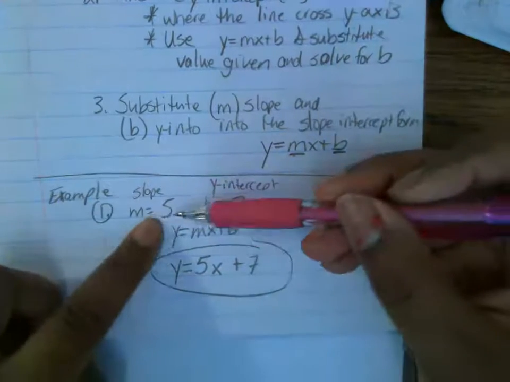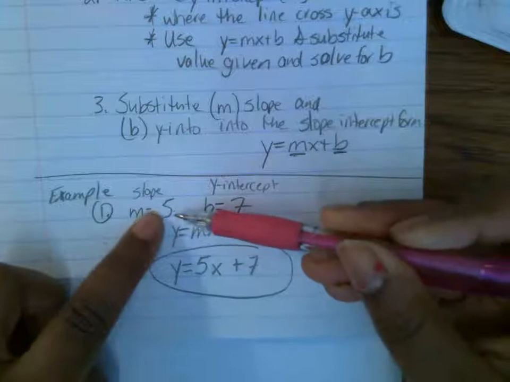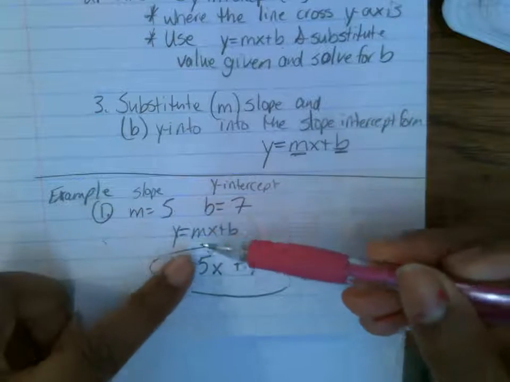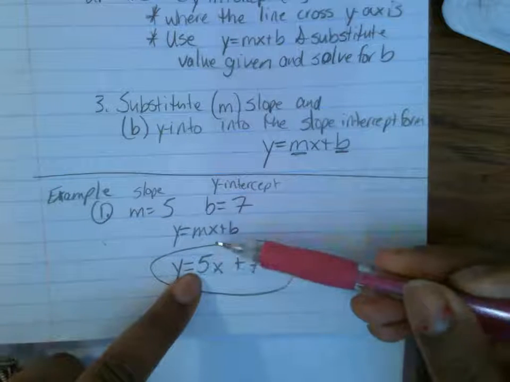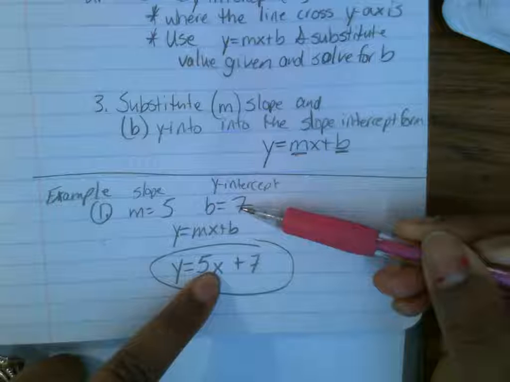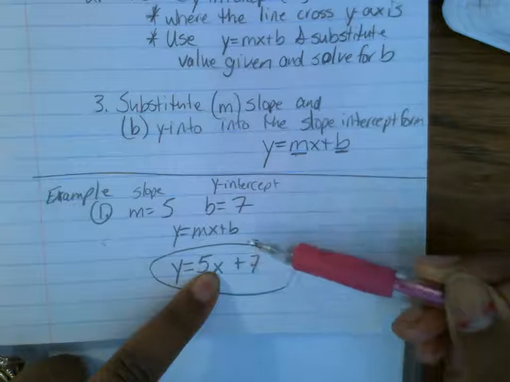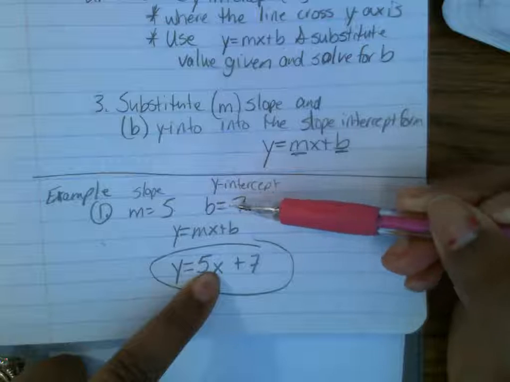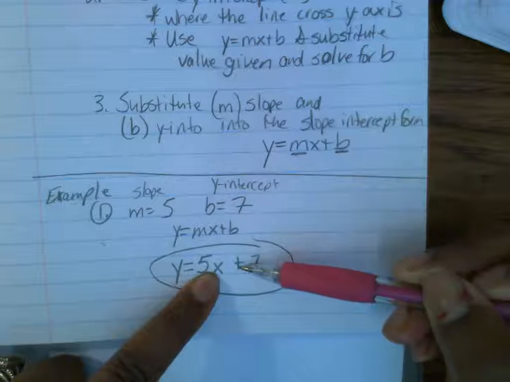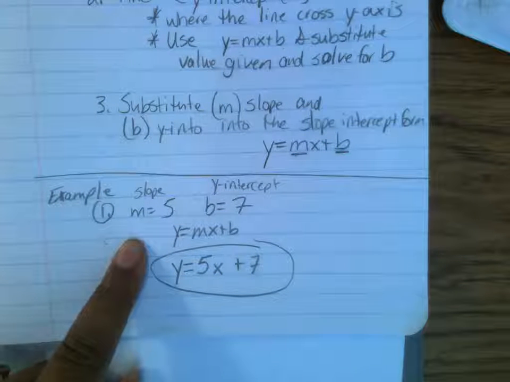So whatever they give you for m, plug it in right here. So since this 5 is m or slope, then you plug in 5 right here, bring down the x. Since your y-intercept is a positive 7, you're going to say plus 7. If your y-intercept was a negative 7, then you'll say minus 7. Any questions about this example?